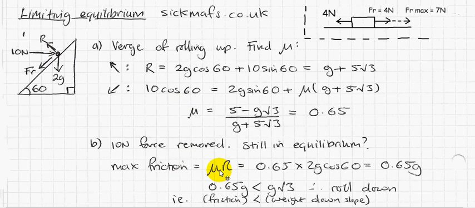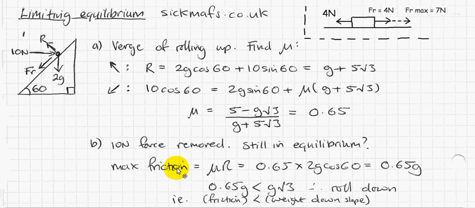The maximum frictional force mu R is equal to the coefficient of friction, which we just worked out, 0.65, times the reaction force, which is 2g cos 60. Cos 60 equals half, so half times 2g equals just g, so you got 0.65 times g, which is 0.65g.